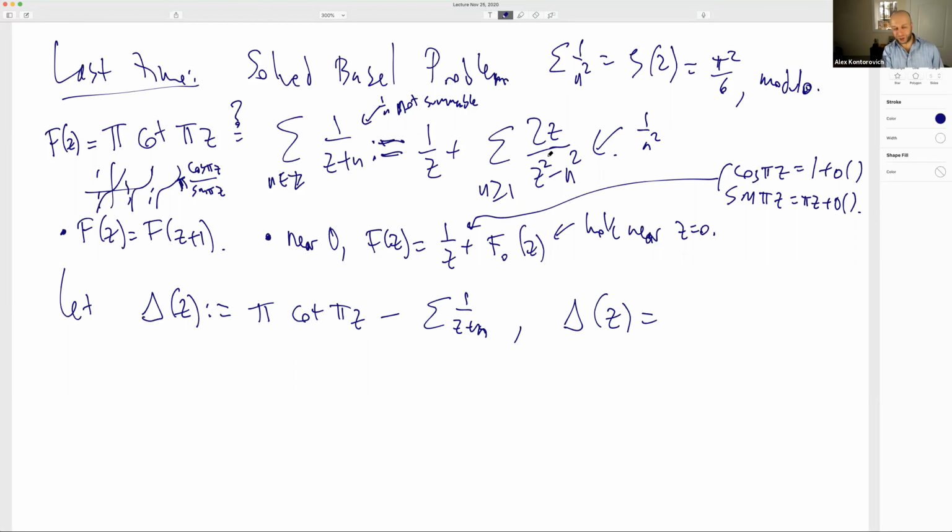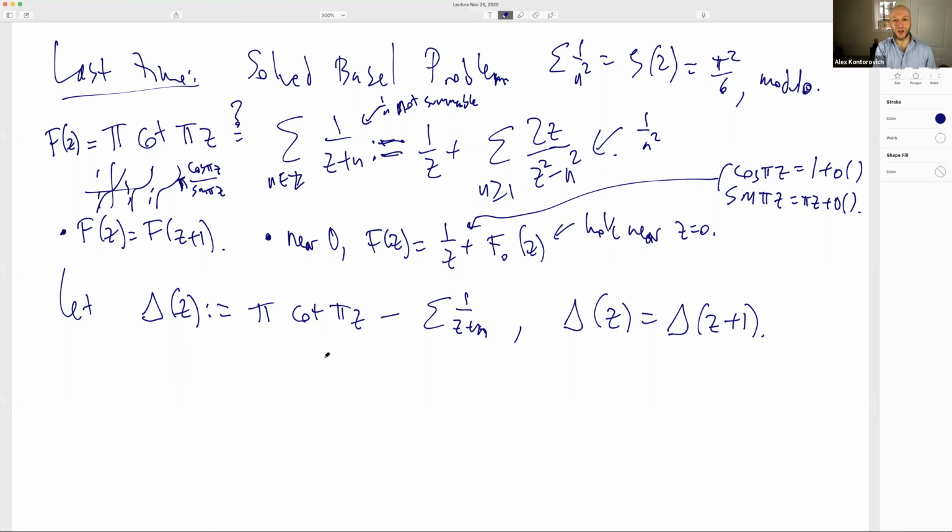With this function, is it obvious that it's invariant under z goes to z plus 1? Not really. You have to do some computation. But if you look at it from where it came from, it's obviously invariant under z goes to z plus 1 because it's just changing which integers you're running over. Does that make sense? So both of these functions are indeed invariant under z goes to z plus 1, and so is their difference.